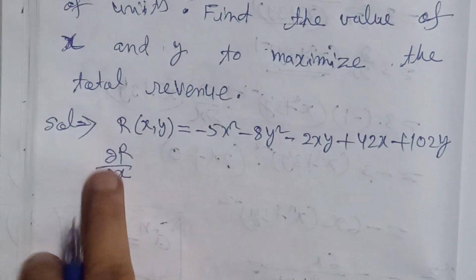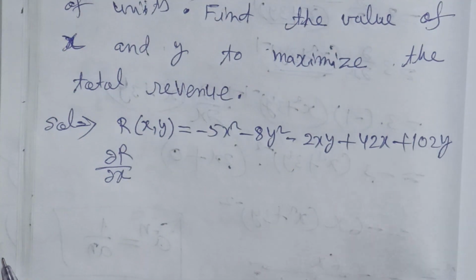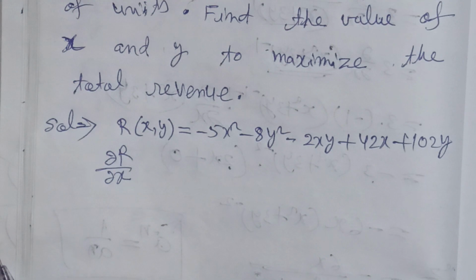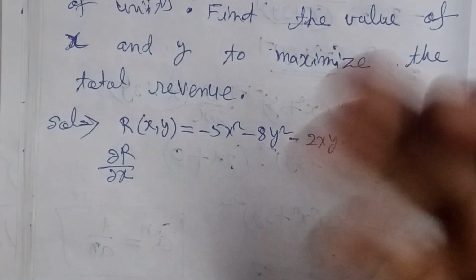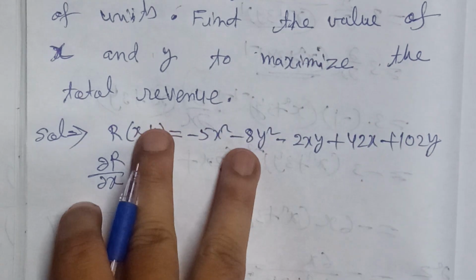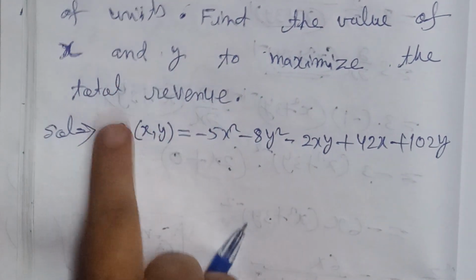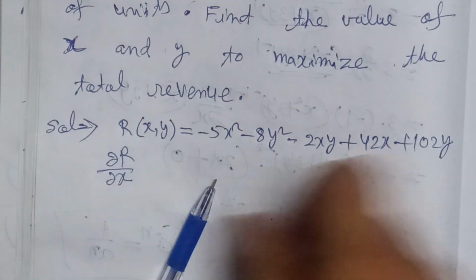For this we have to find the first derivatives with respect to x and y, and also the second derivatives of R with respect to x and y. Then we apply Lagrange's condition, through which we can say whether R is maxima or minima for a particular value.